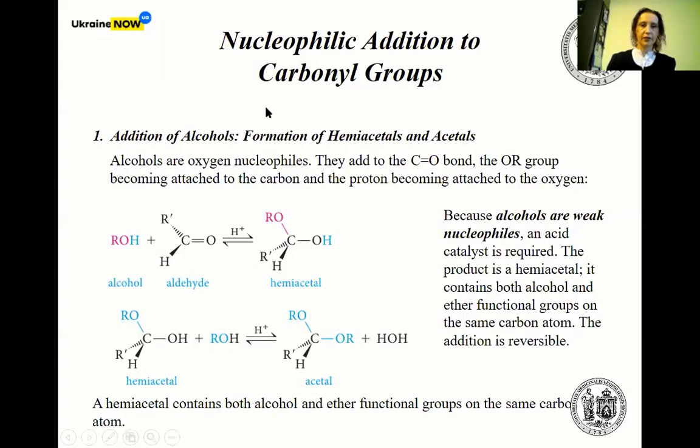And here we have examples of addition to the carbonylic group. The first example is the formation of hemiacetals and acetals. These are products of reaction between aldehydes or ketones with alcohols.